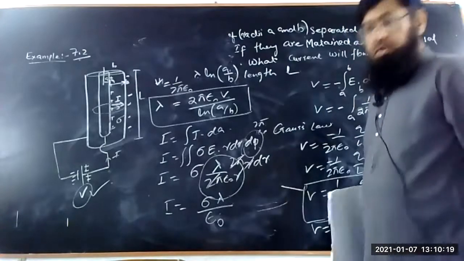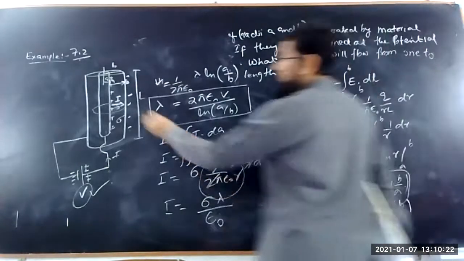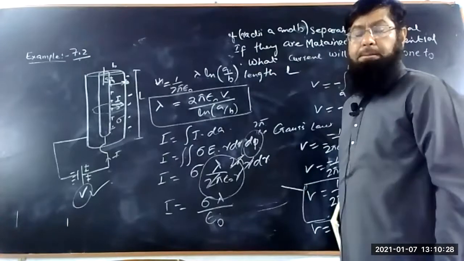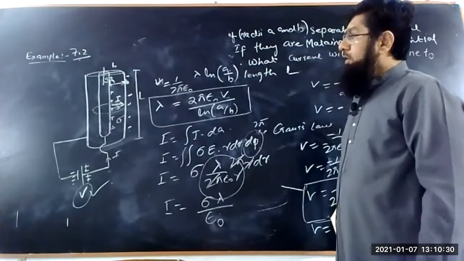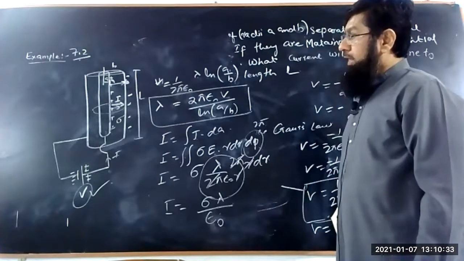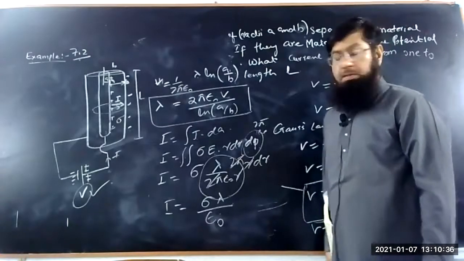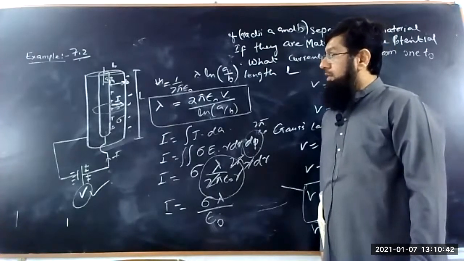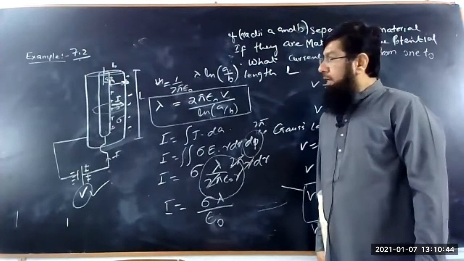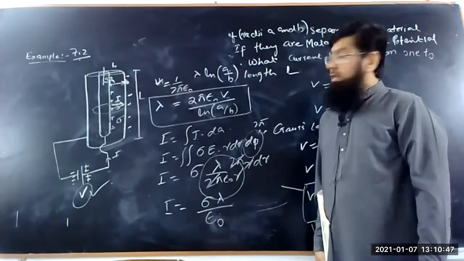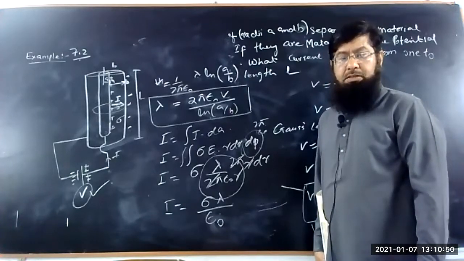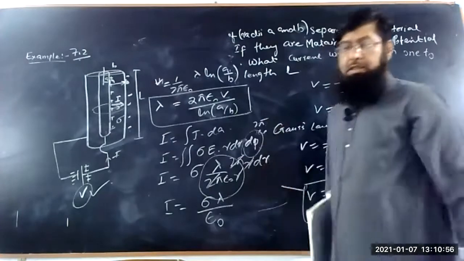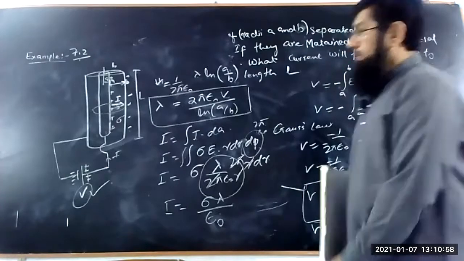So this is the current flowing from one conductor to another conductor, from A to B. This is the current flowing between two cylinders, when one cylinder is connected with the positive terminal of the battery and the other cylinder is connected with the negative terminal of the battery, and the medium between these two cylinders is a conducting medium whose conductivity is sigma. This is the complete solution of the problem.